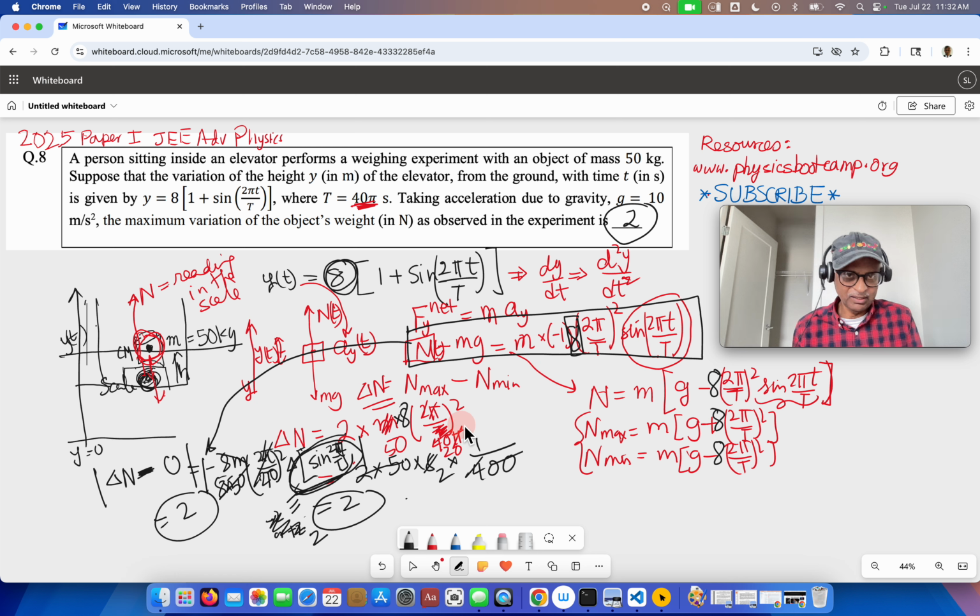What could be a little confusing for people is that this thing is given for the elevator. How do I get the center of mass? Well, we just add an h.